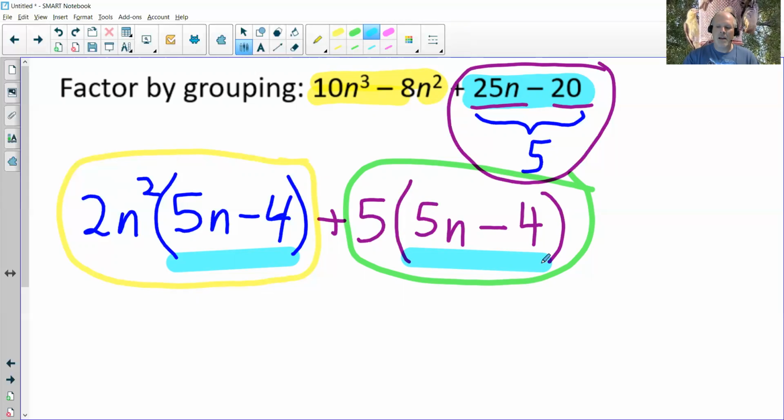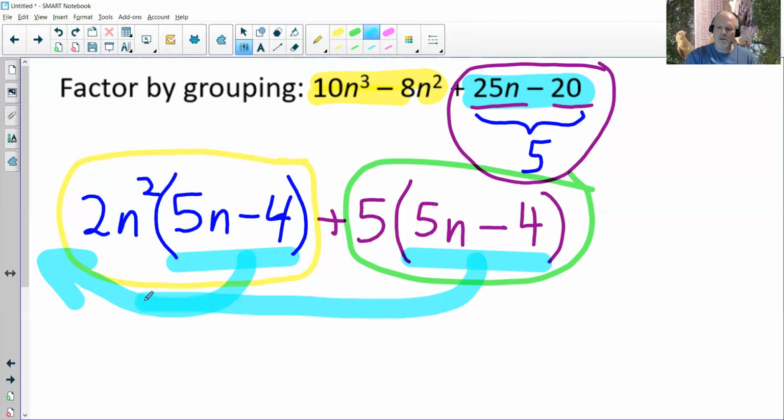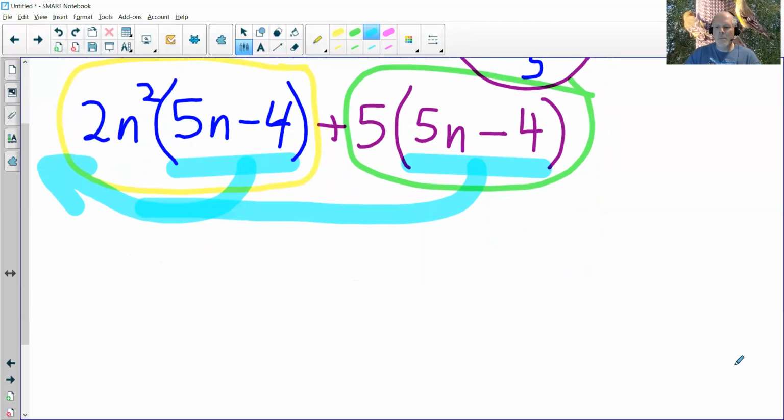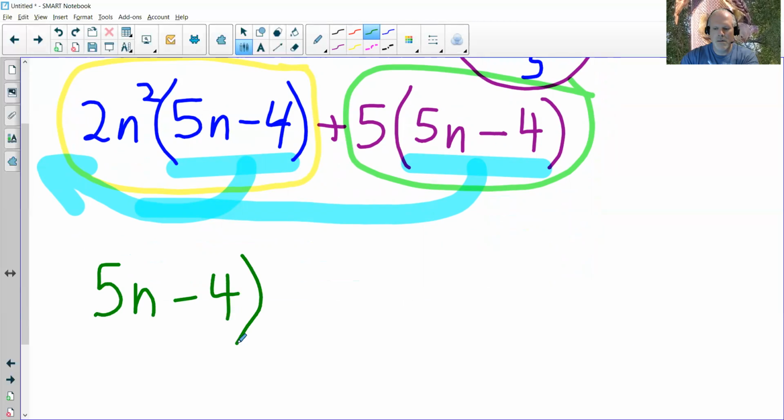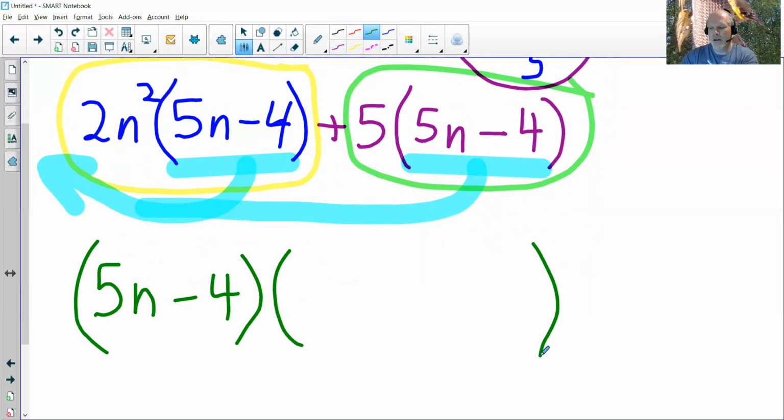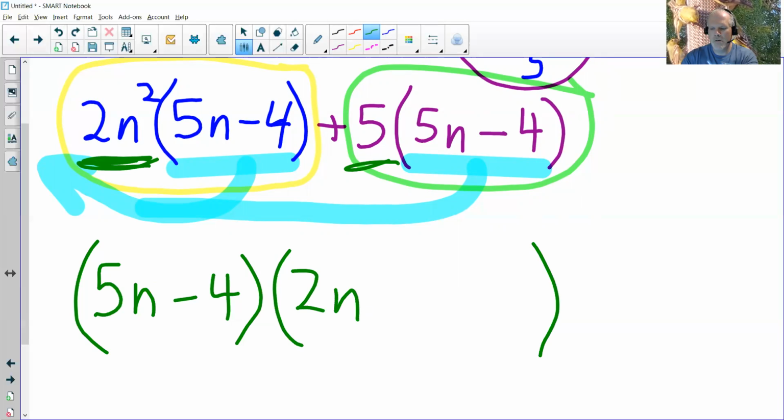So what this will look like is this is going to come out front and this is going to come out front. And I will be left with the following. So I'm going to factor out the 5n minus 4 and multiply it by everything left, which is 2n squared plus 5.